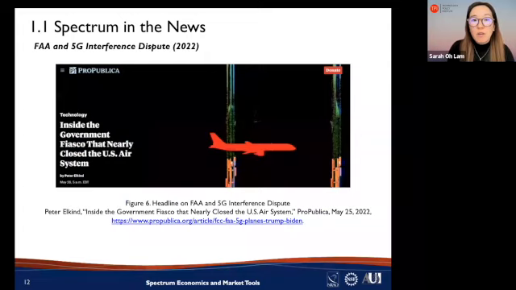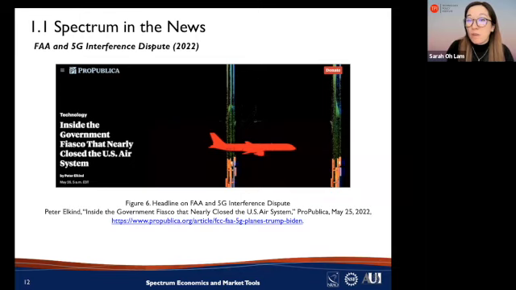Here's another news headline about, yeah, similar. It's also the C band, but this one had a little bit of a different flavor because it involved not the Defense Department, but the Federal Aviation Administration.